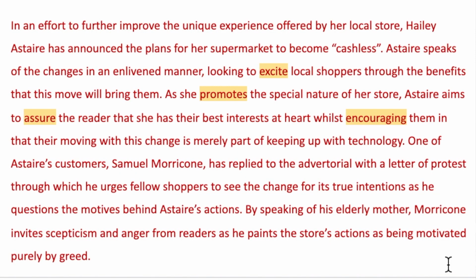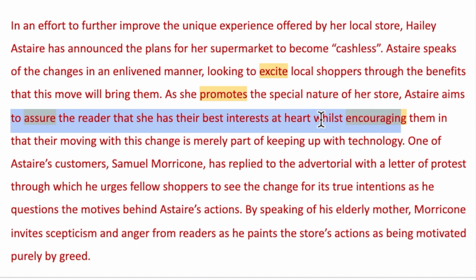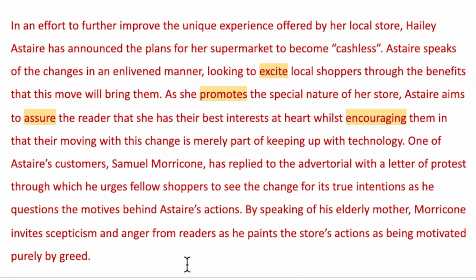But then this line here, where it says to assure the reader that she has their best interest at heart, whilst encouraging them, is just that extra layer of analysis, of being able to point out that you've understood the writer's intentions and you can analyse them to the point where you've understood that not only can I see one of the things that they're doing, but I can also see something else that they're doing simultaneously. A really insightful nod to the assessor to say, look, I really understand all that's going on with this piece.